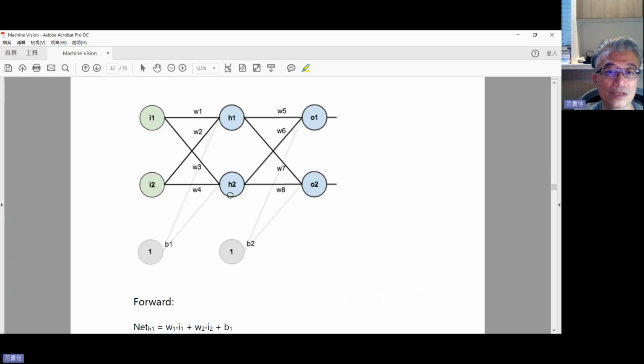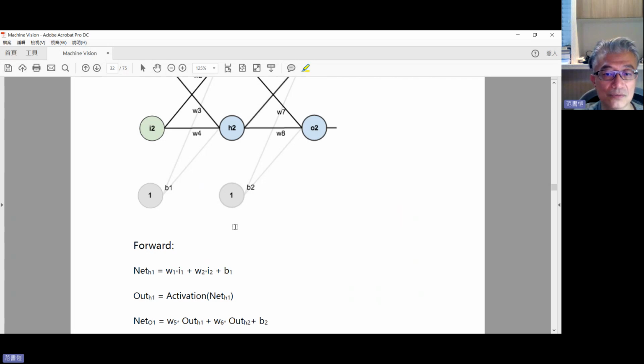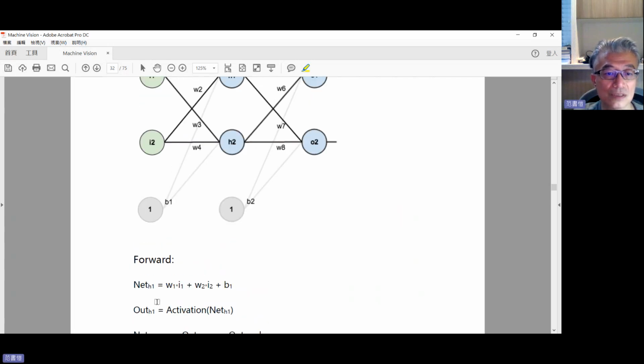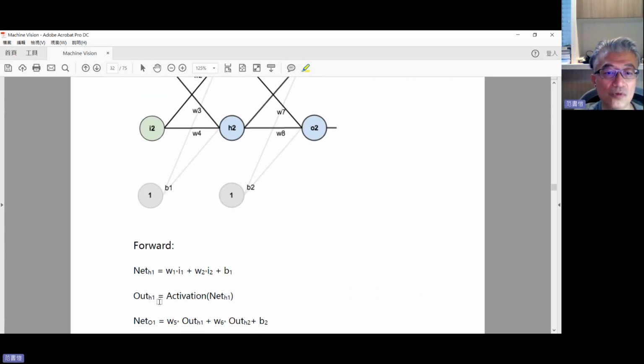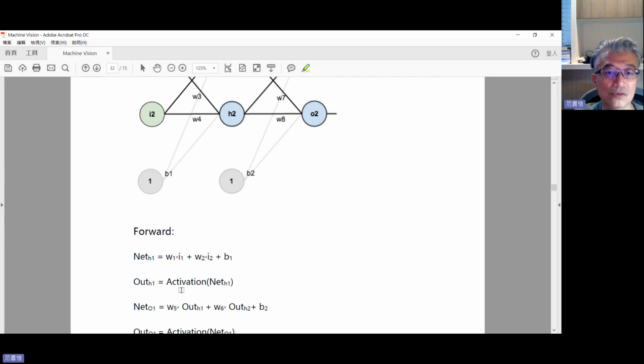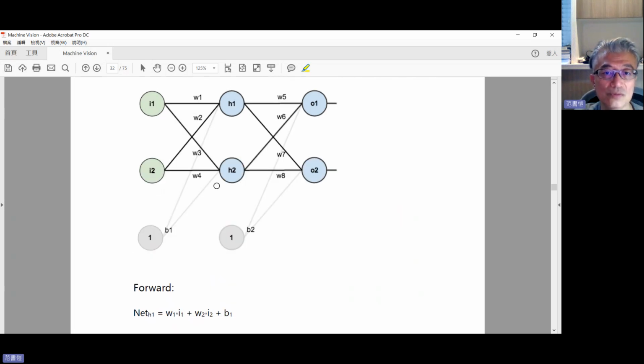Likewise, H2 is I1 times W3, and I2 multiplied by W4, plus B1, to give H2. Then for the output of H1, we apply the activation function with H1 as the operand within the parentheses.